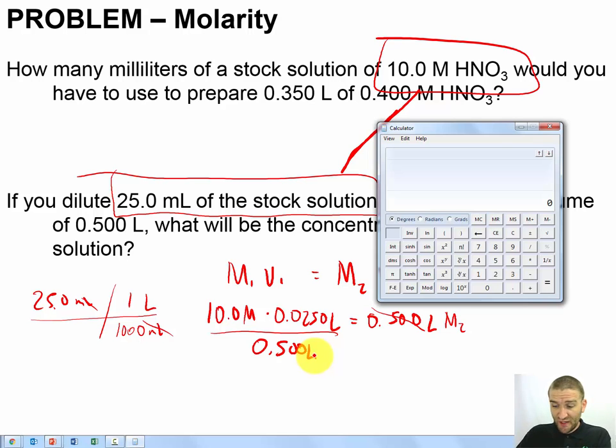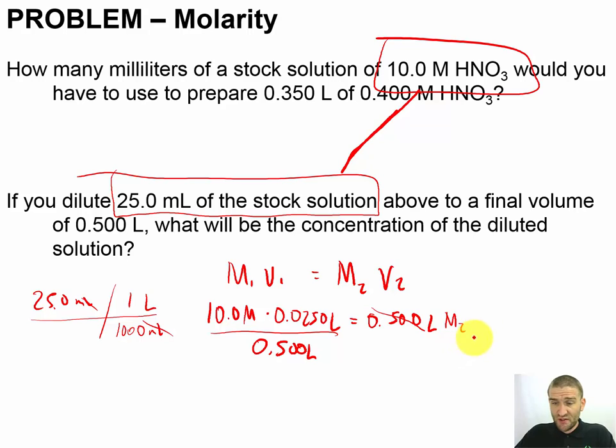Okay, so here's our calculator. We're going to have 10.0 times 0.0250 divided by 0.500 gives us 0.5 for our answer for the concentration. So 0.500, to get my sig figs correct, molar will be my final solution calculation.